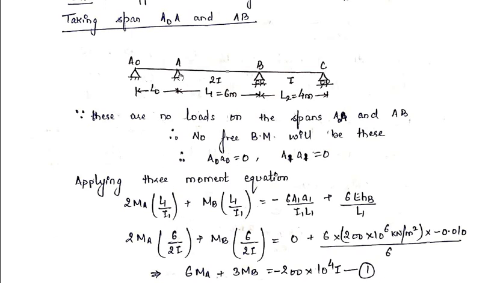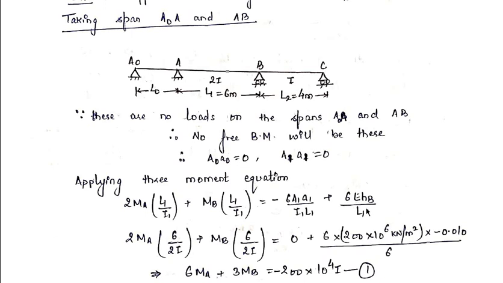L1 is the length of span AB, and I1 is the moment of inertia of span AB. If you look at the question, the I value for span AB is 2I. So just keep in mind while putting the value of I1, it will be 2I. The value of capital A1 into small a1 is 0.